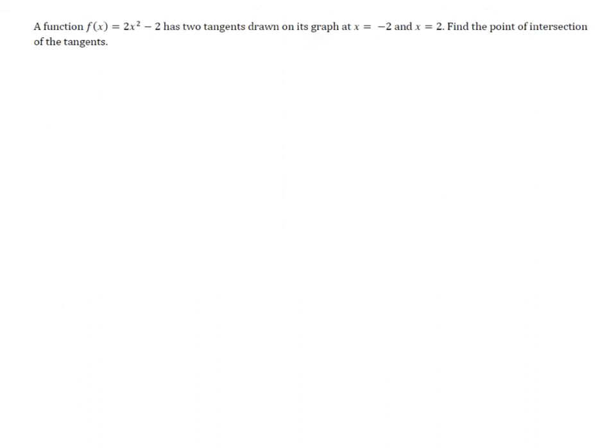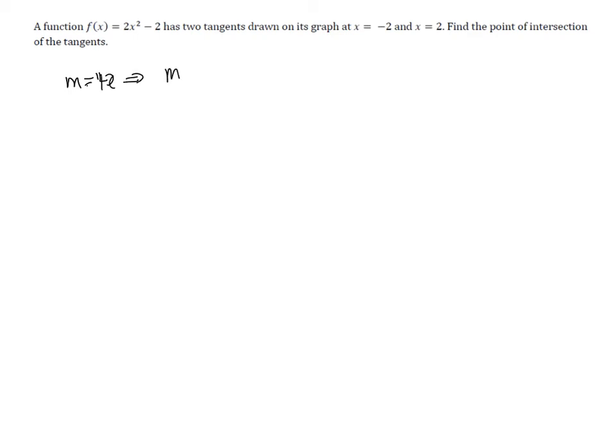The next question says, we have a function f of x equal to 2x squared minus 2. It has two tangents which are drawn at x equal to negative 2 and x equal to 2. Find the point of intersection of the tangents. So the function f prime, which is the slope, is the derivative of 2x squared minus 2, which is going to be 4x.